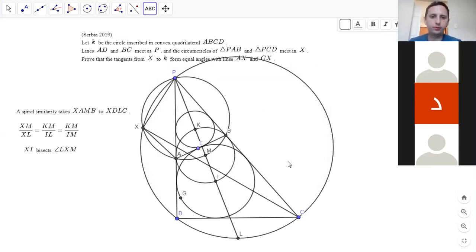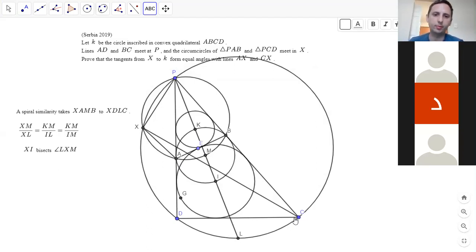And then I think we need to show from there that angle CXL is equal to angle BXM.